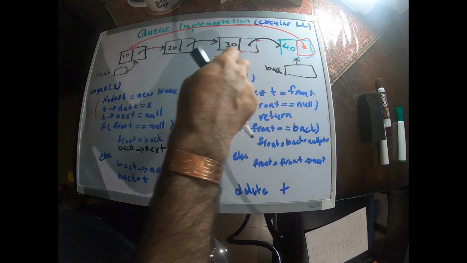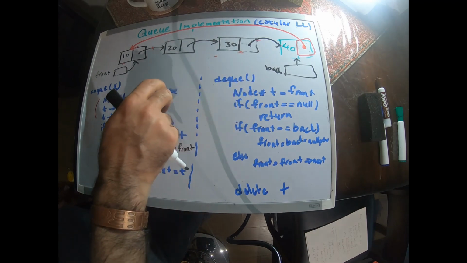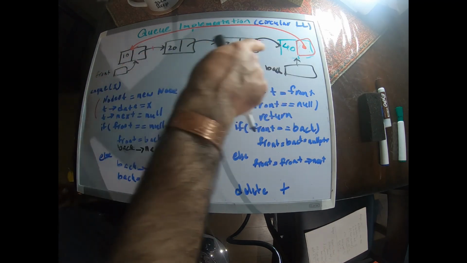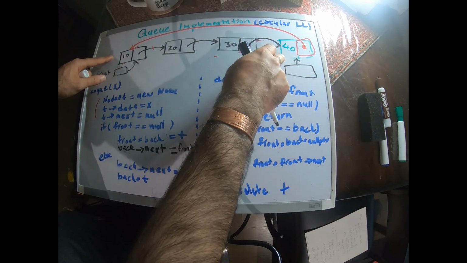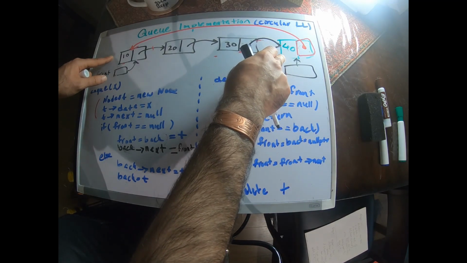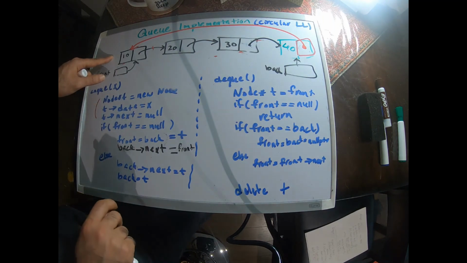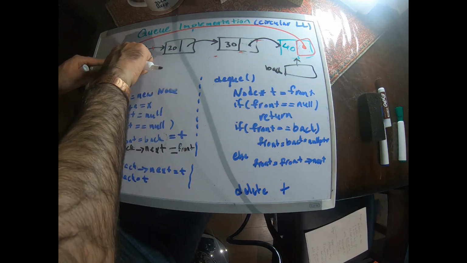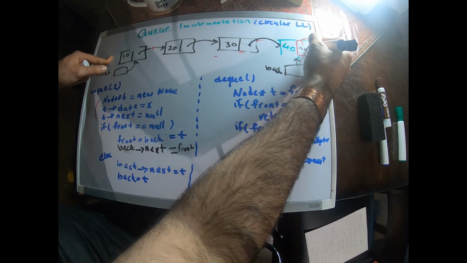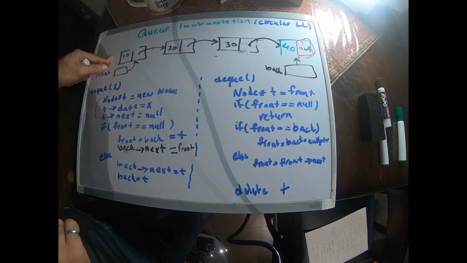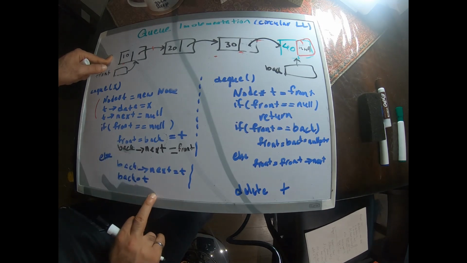What else do we have to do? Here again, we enqueued this number into the linked list, and what we had before was something like this. Now what do I want to change here?